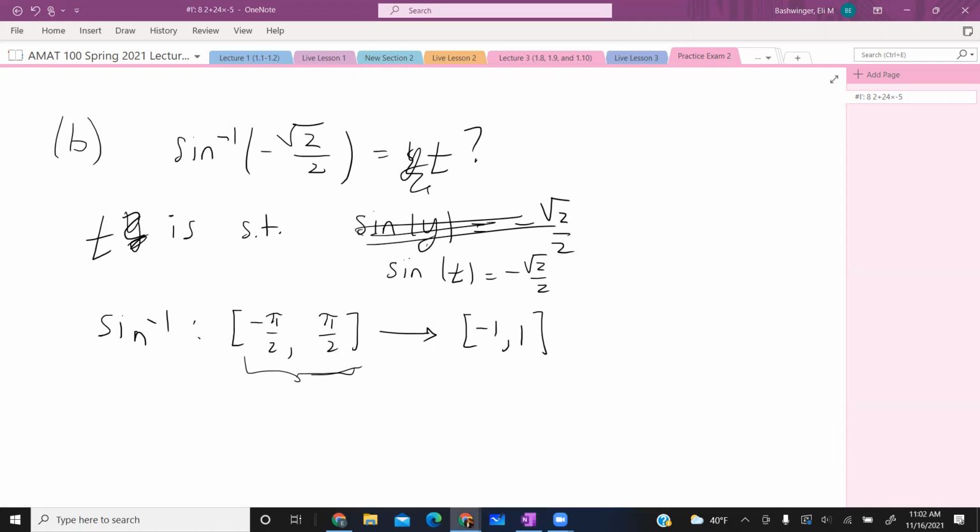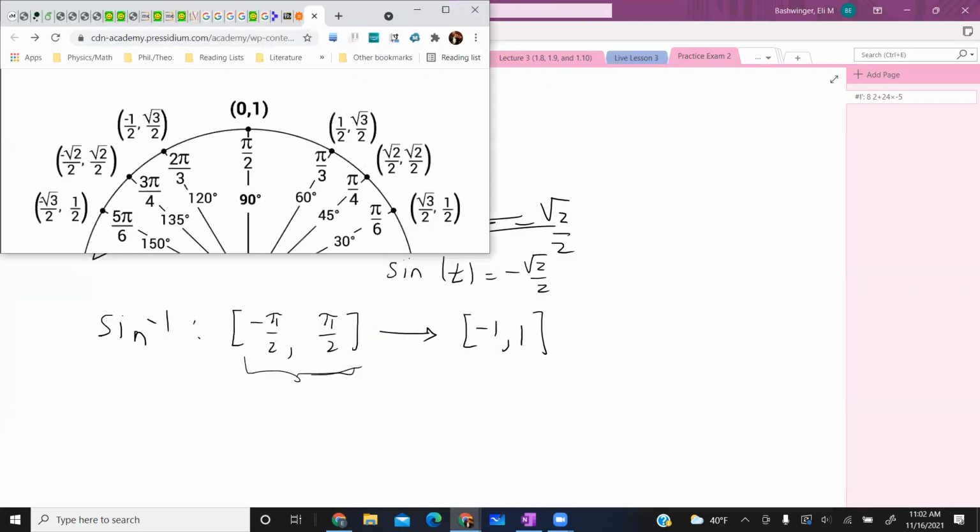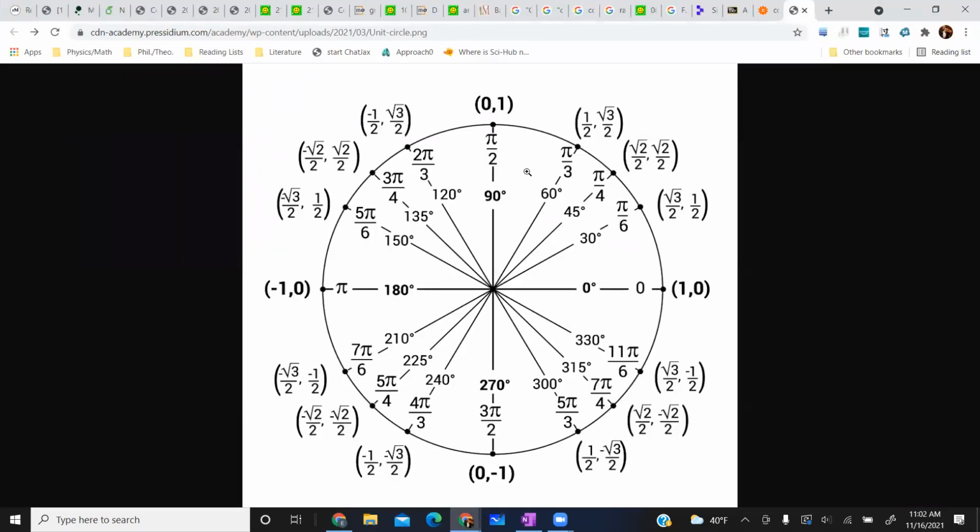So let's look at the unit circle again. We're looking at t values that give us points in the first or the fourth quadrant. And the y coordinate is negative, so we need a t value that gives a point in the fourth quadrant.